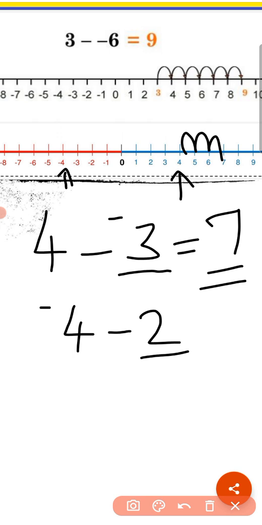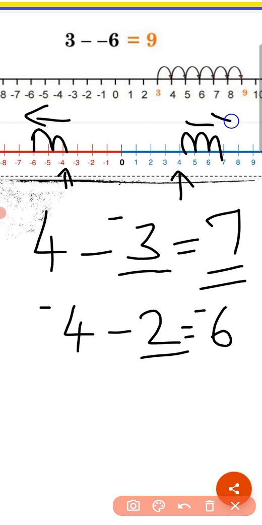So 1, 2. So our answer is negative 6. We are moving to the left side. Here, since we are subtracting a negative integer, we are moving to the right side. These points are very, very important, children.